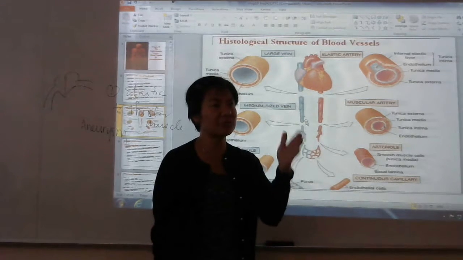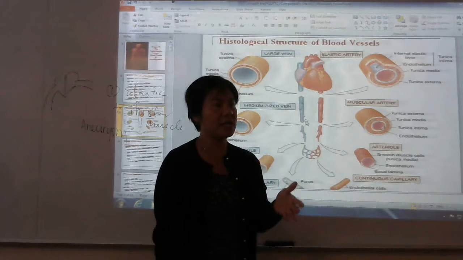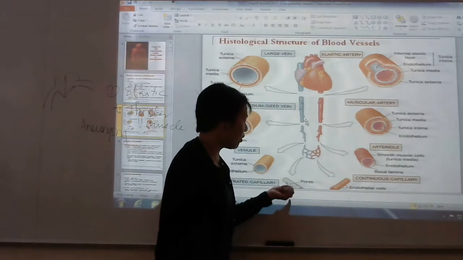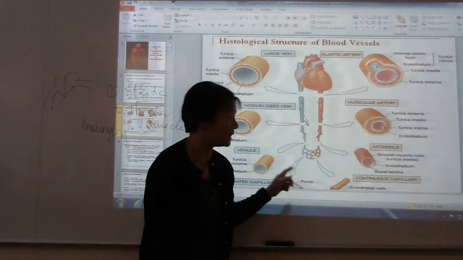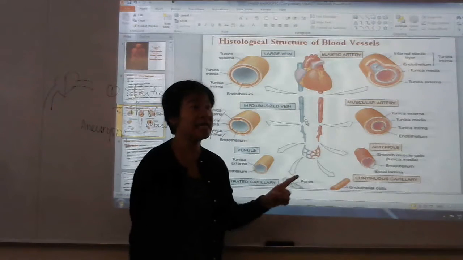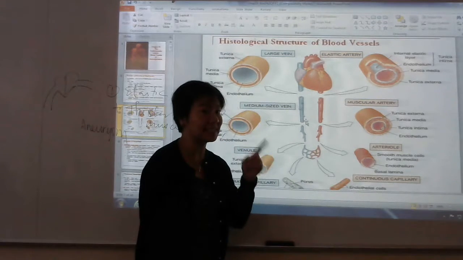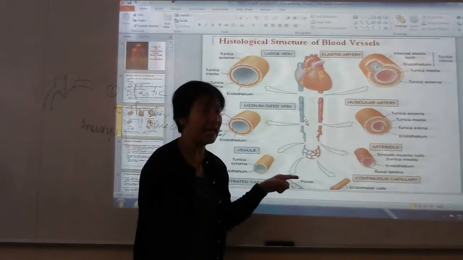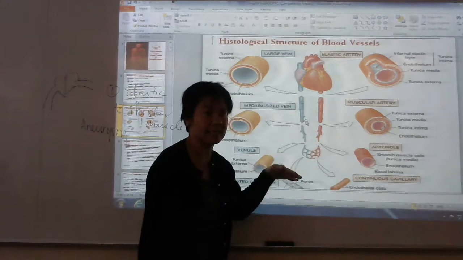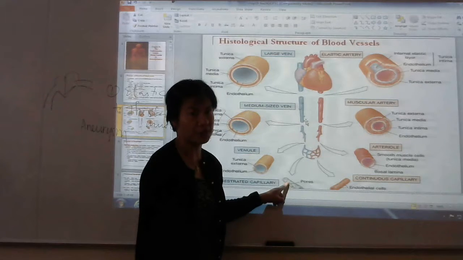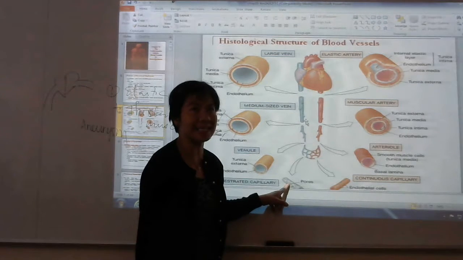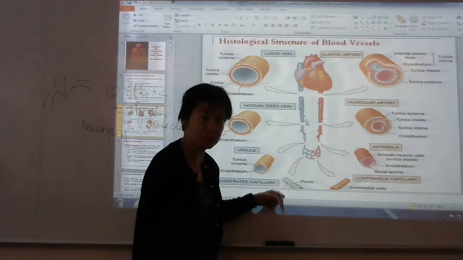You want to keep that pressure because for nutrients to move in and out of your capillary, do you agree? The capillary is just one cell layer thick, okay? It cannot contract, nothing. So to push nutrients in and out, you need pressure. I've never seen a glucose molecule or oxygen molecule with legs that can move from here to here.